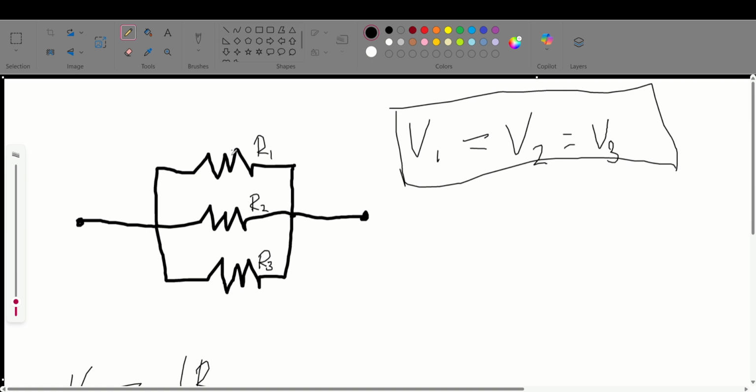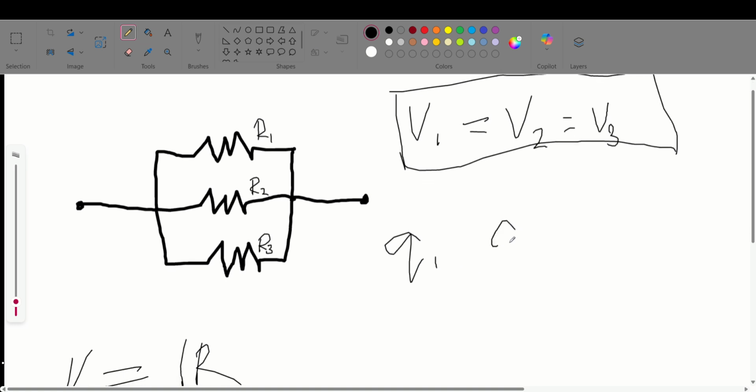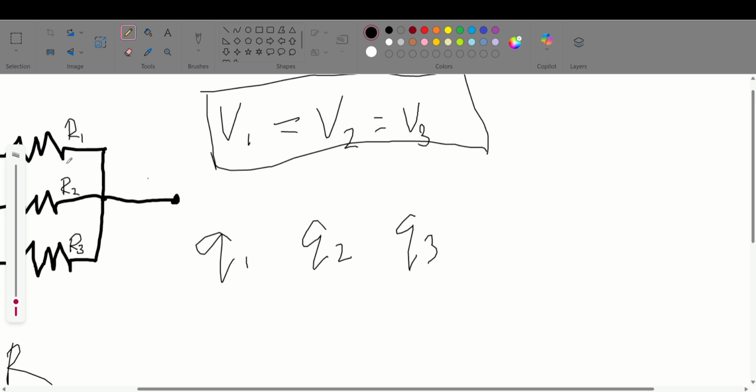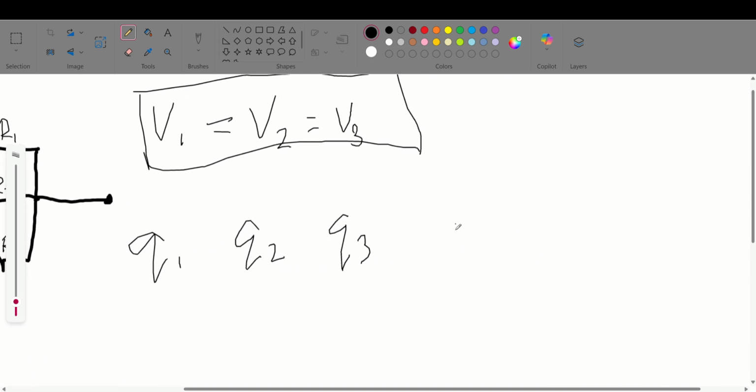Let's suppose that the charge flowing through R1 is Q1, the charge flowing through R2 is Q2, and the charge flowing through R3 is Q3. And the total charge that has flown through the system, let's call that Q. So now Q1 plus Q2 plus Q3 is equal to Q, which is the total charge.